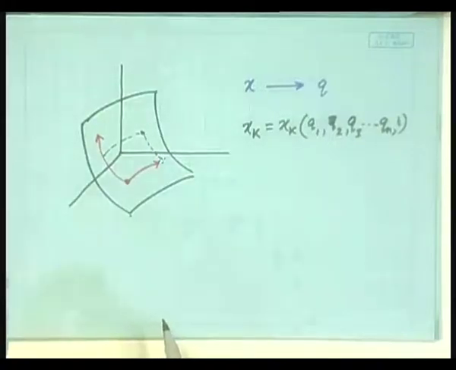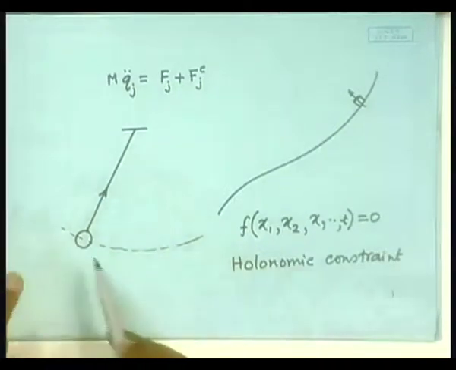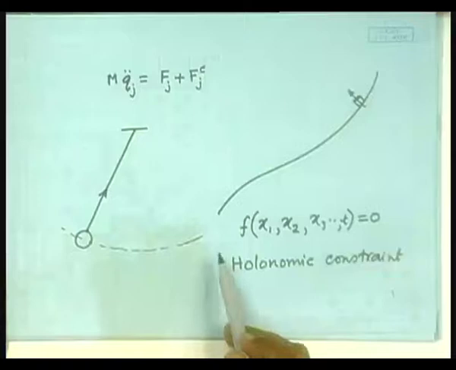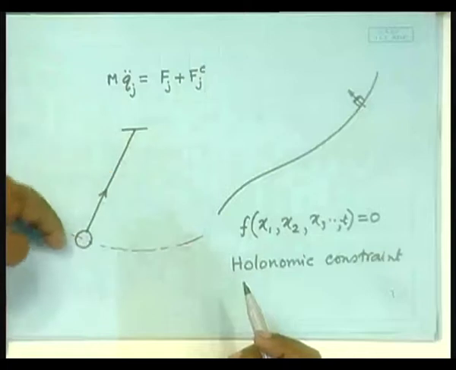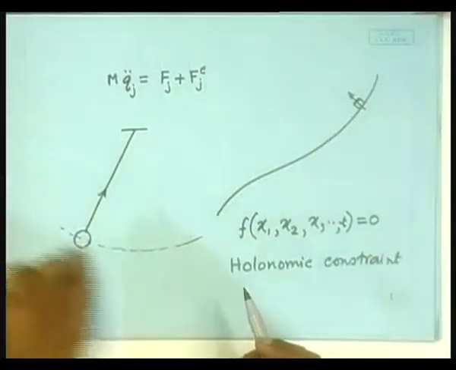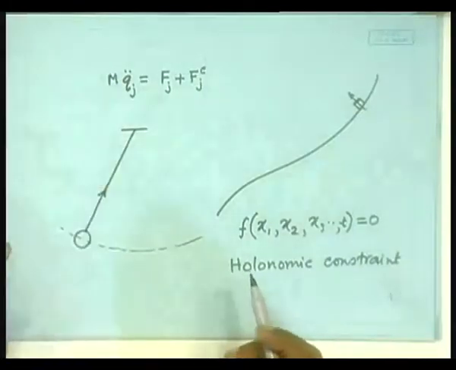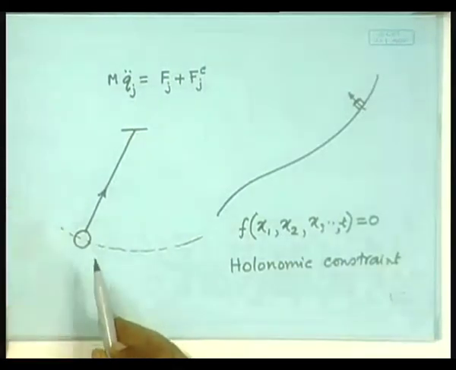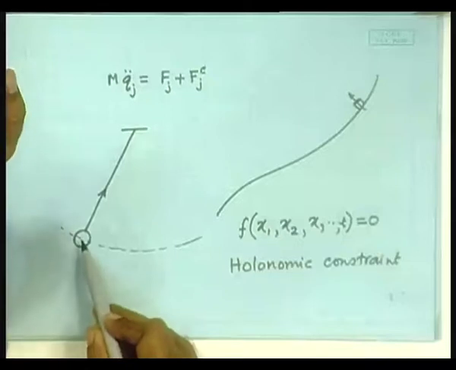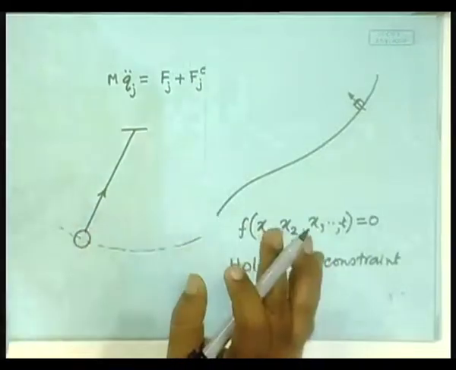Imagine that in case of an equation like this, the new set of coordinates q's are the theta and phi, because that uniquely specifies the position on the constraint surface. The original set of coordinates was x1, x2, x3, xyz. Now, here we are trying to express x1 in terms of theta and phi, x2 in terms of theta and phi, x3 in terms of theta and phi, and that is what I have written here.